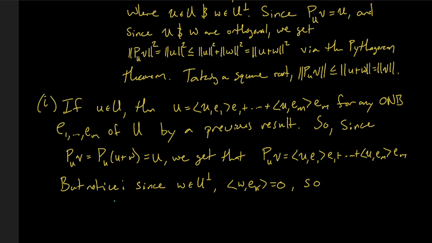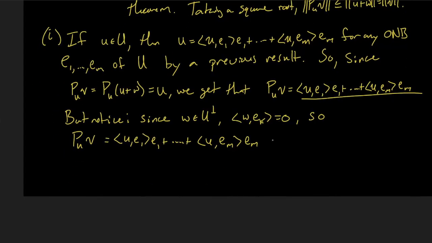So this thing over here, which is just P_U of V, as we've described it, is in fact just going to be equal to, I'll write it vertically just for clarity, I'll write it still as (u, e1) in parentheses, e1, plus 0 e1, plus dot dot dot all the way down through (u, em) inner product plus 0, all in parentheses, em.